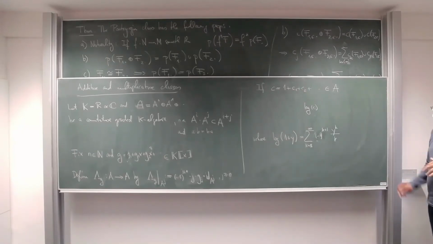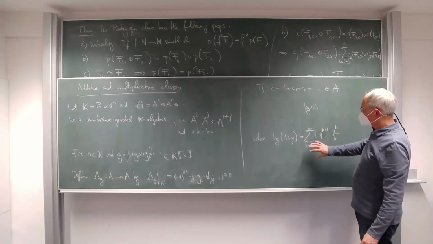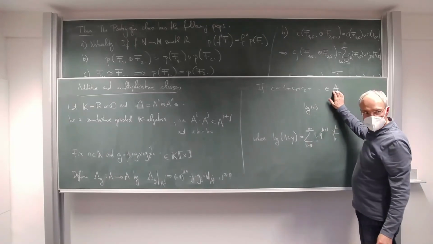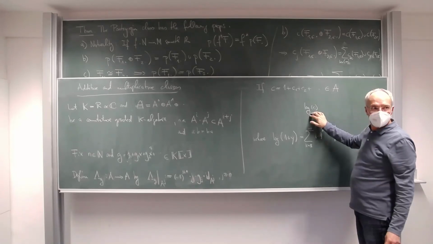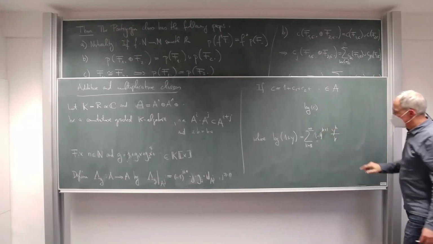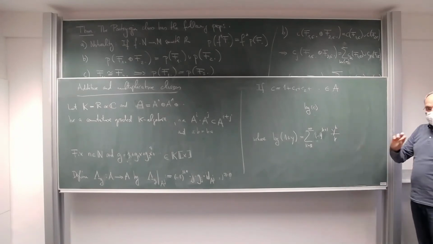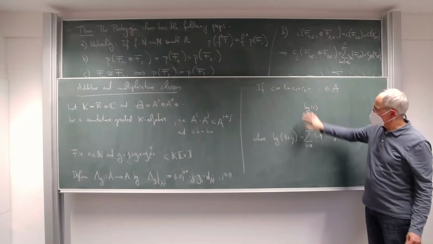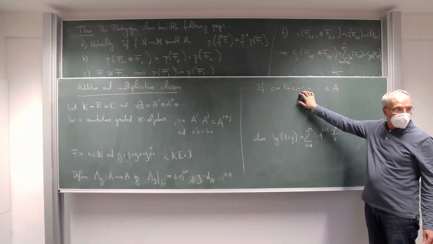And you may wonder, is there a convergence issue here? But there is no convergence issue, because this is supposed to give me again an element in A, and if you take the result of this in any given degree, then only those terms where k is at most that degree enter into it. So in each given degree, each component of the result of the logarithm of C is actually a finite algebraic expression in finitely many of these components.